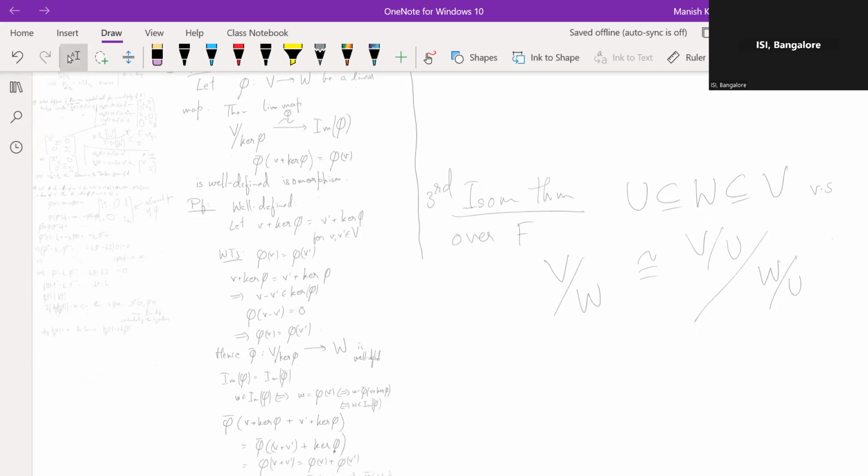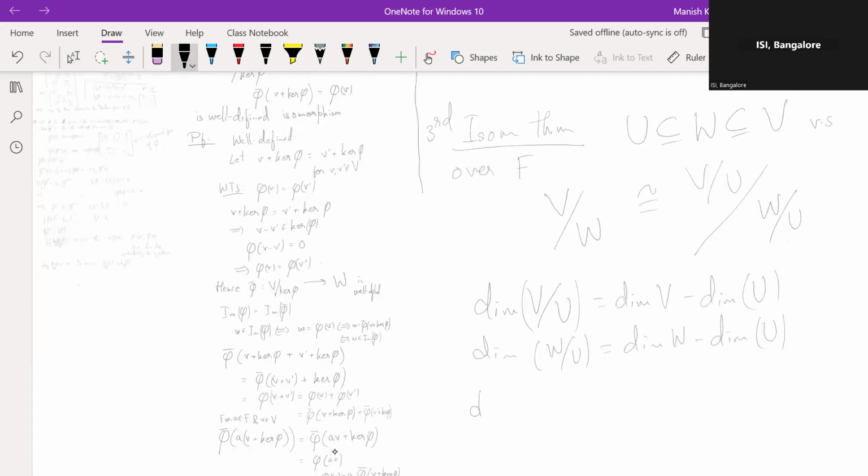I mean, again, using the dimension theorem, this is sort of clear, yeah, because the dimension of V mod U is dimension V minus dimension U, and the dimension of W mod U is dimension W minus dimension U. So if you take their differences, that will be the dimension of the right-hand side.